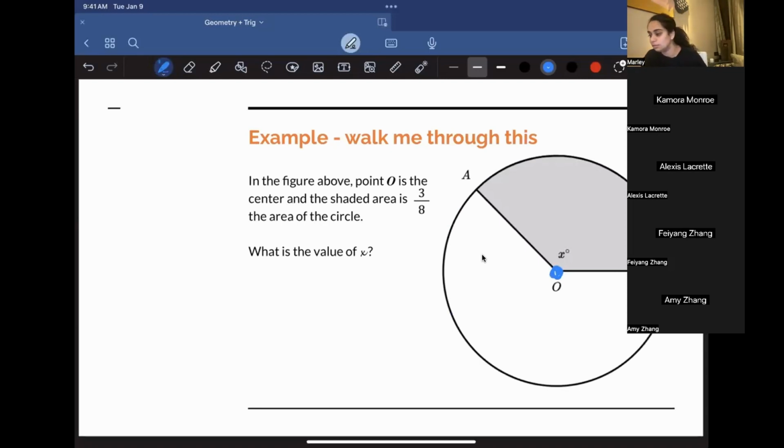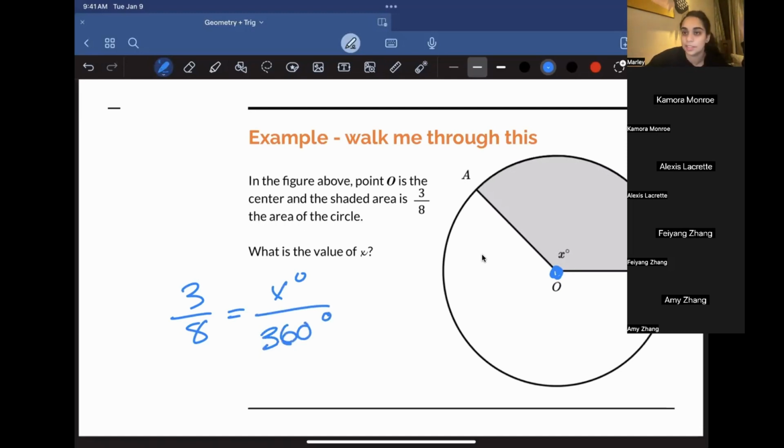So 3/8 is the ratio of the shaded area over the full circle. And we know that they are very beautifully related, so it's the same ratio of X degrees over 360 degrees.